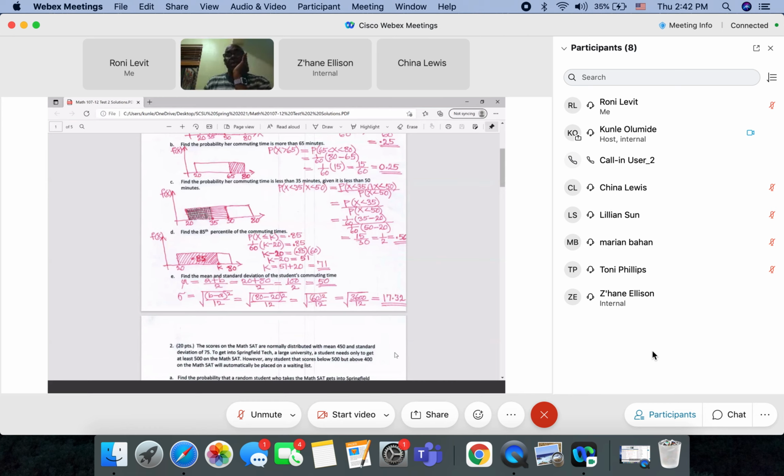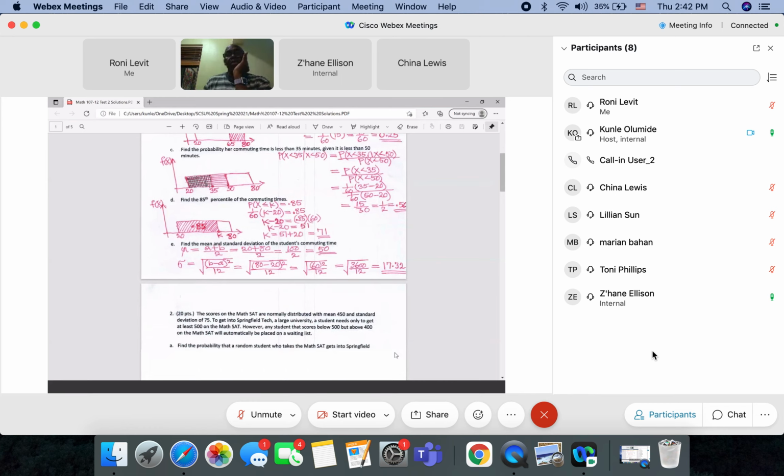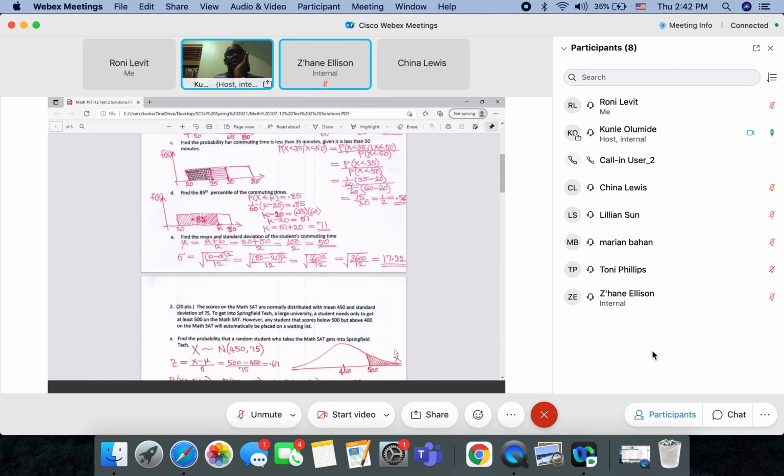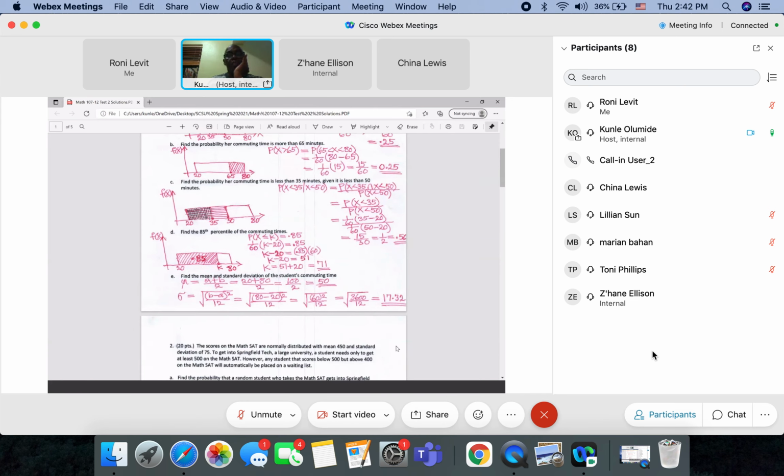Okay, question number 2. Can somebody read that question for me? The scores on the math SAT are normally distributed with mean 450 and standard deviation of 75. To get into Springfield Tech, a large university, a student needs at least 500 on the math SAT.